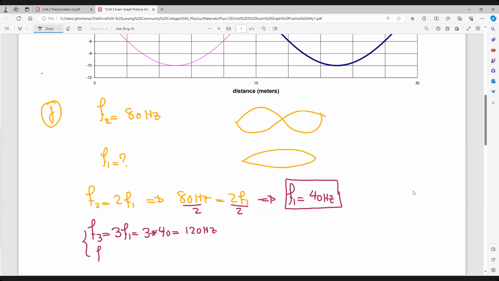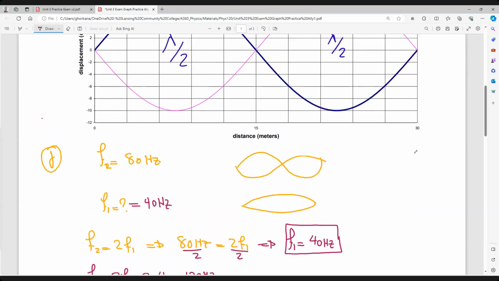Again, if we are asked to calculate the fourth harmonic frequency, it's going to be 4 times F1. 4 times 40 is going to be 160 hertz. I just wanted to show you that we can calculate these for more harmonic frequencies. In this question, we are supposed to calculate just F1. The F1 is just 40 hertz. Good. So we are done with part D.